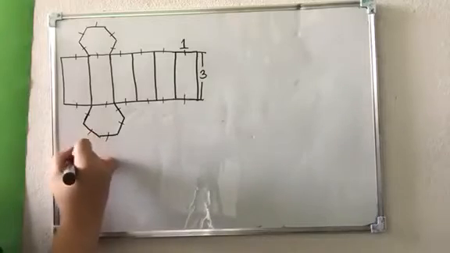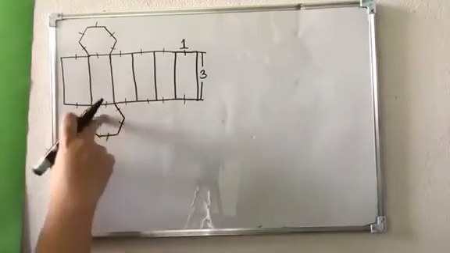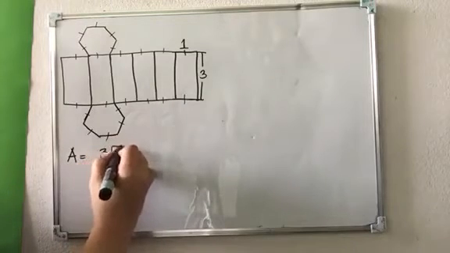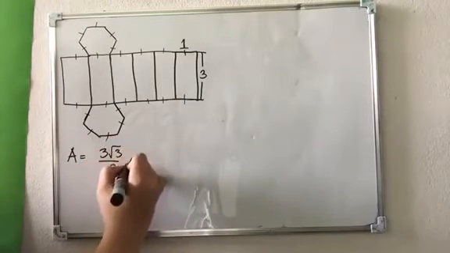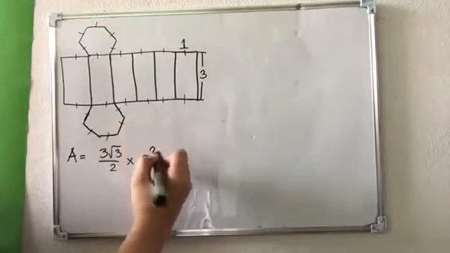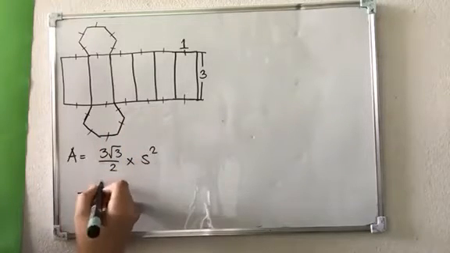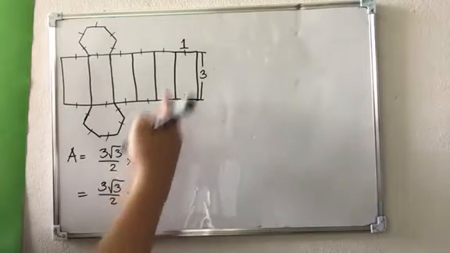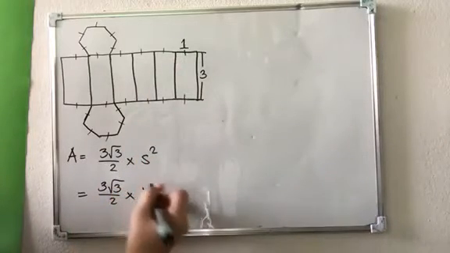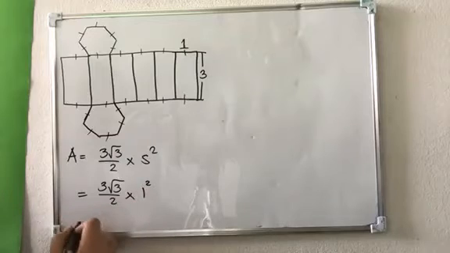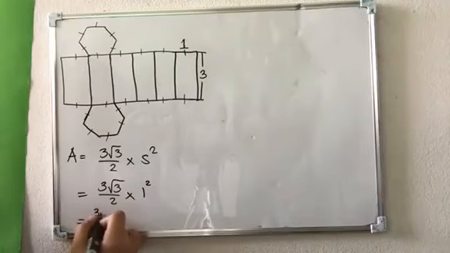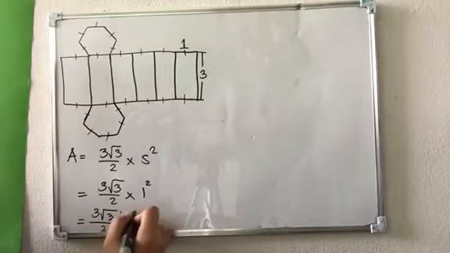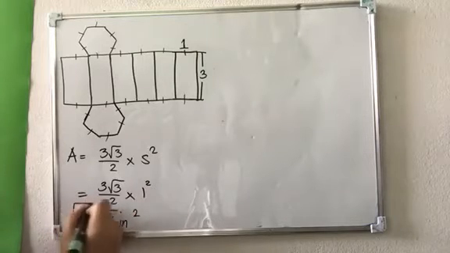So, the area of our base is a hexagon. What is the formula for a hexagon? We have 3 square root of 3 over 2 times the side squared. What is the side? 1, of course, 1 squared. Therefore our answer is 3 square root of 3 over 2 inches squared.